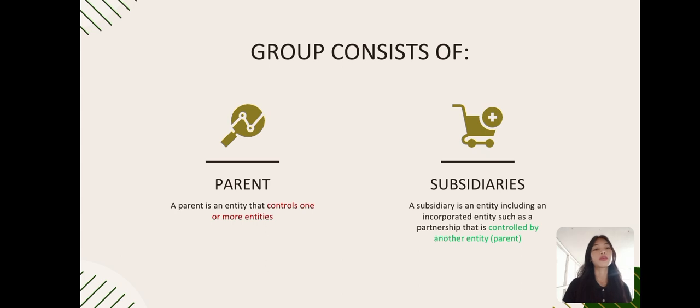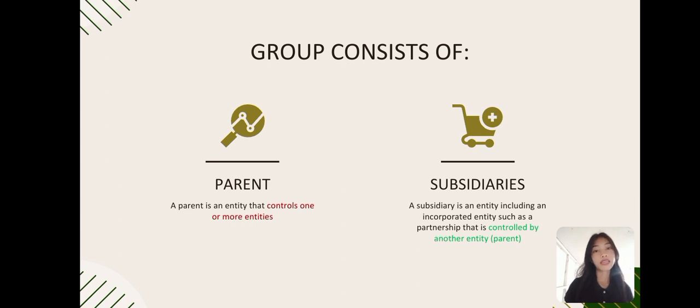And the second group consists of subsidiaries. So what is this subsidiary? A subsidiary is an entity, including an incorporated entity such as a partnership, that is controlled by another entity known as the parent.